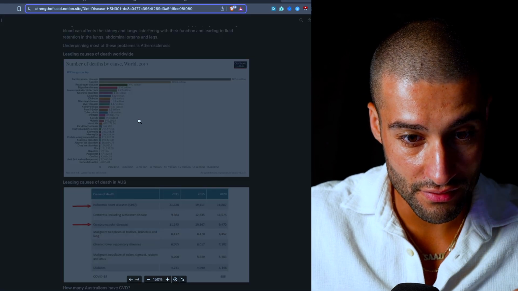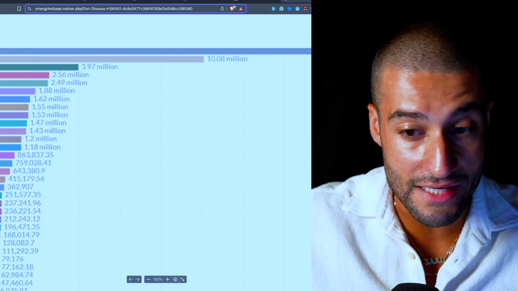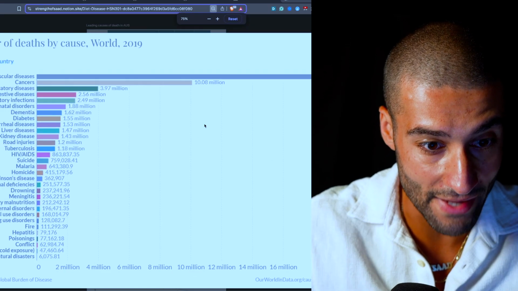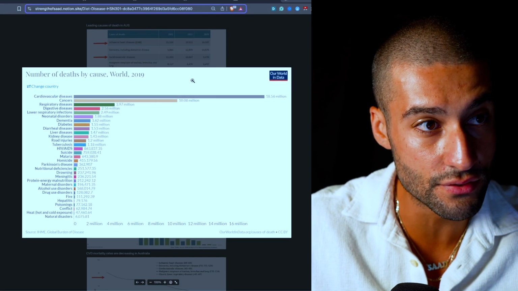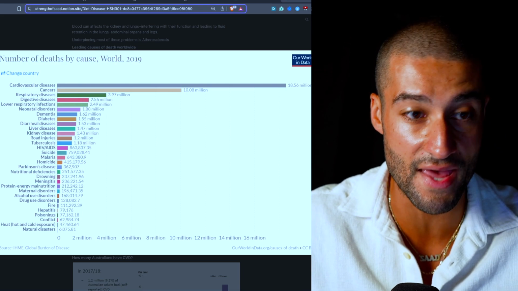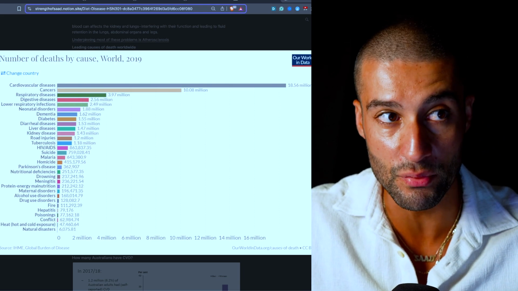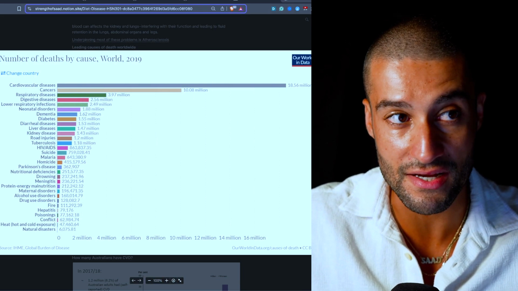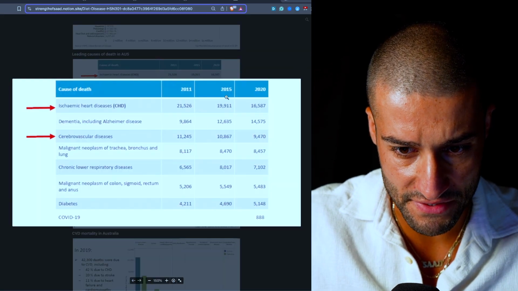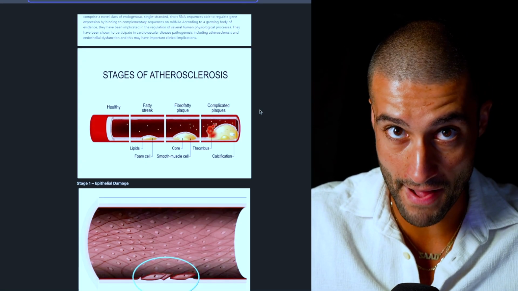We know that it is the leading cause of death worldwide. That's easy to say because it considers more than one disease, but it also exceeds cancer by nearly double. And so the significance of this is very high here. It's coronary heart disease. Here you see the stages of atherosclerosis.